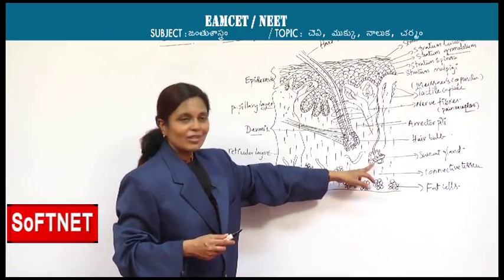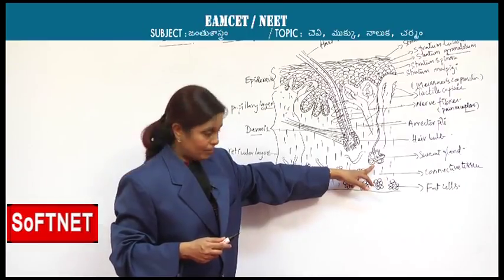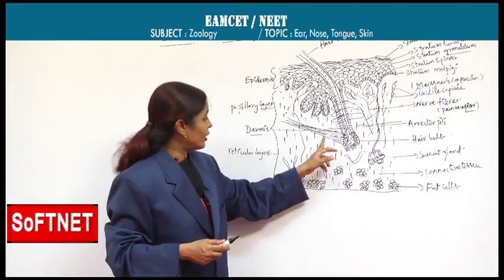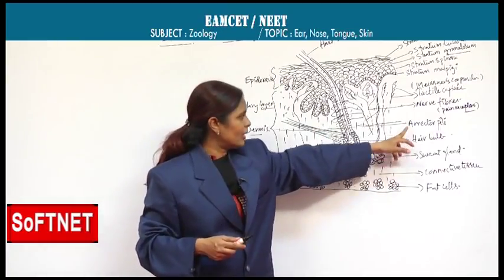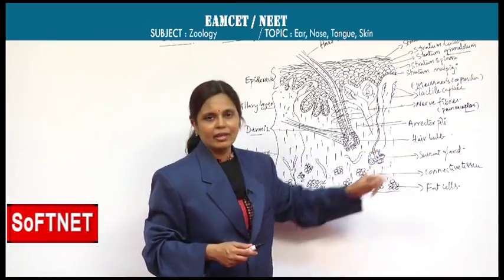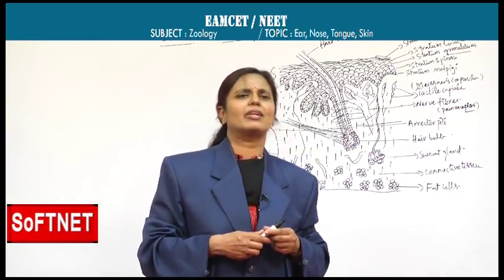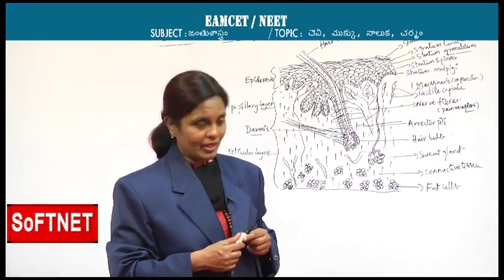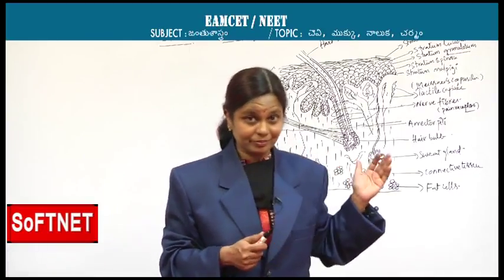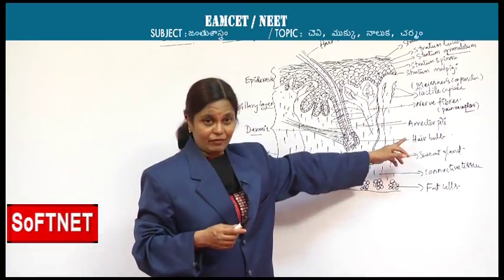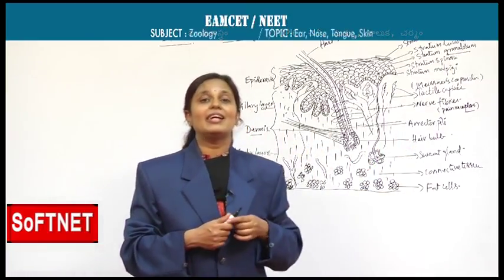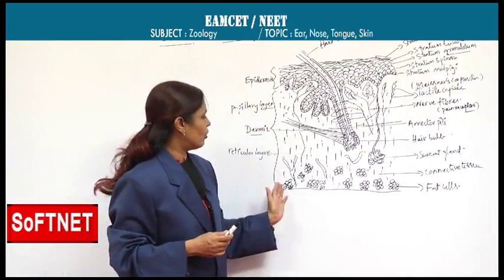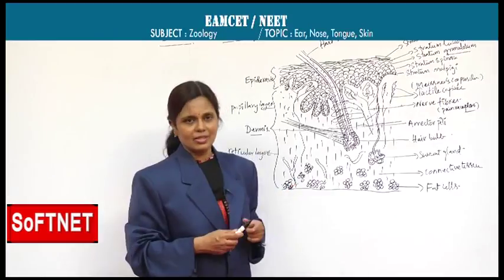You find sweat glands, you can see the coiled simple tubular gland, and you also find sebaceous glands, and you also find erector pili muscles associated with the hair follicles. You studied already about erector pili muscles, once again in the smooth muscle category. Yes, they are the smooth muscles associated with the hair follicles and responsible for erection of the hair you studied, right? And next, you also find adipose cells.